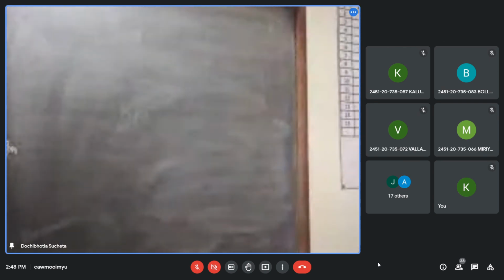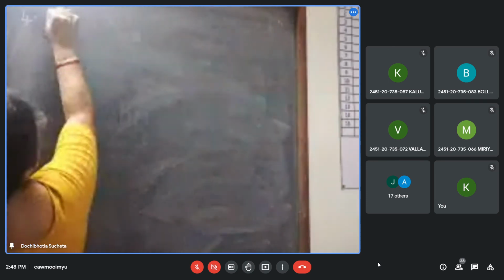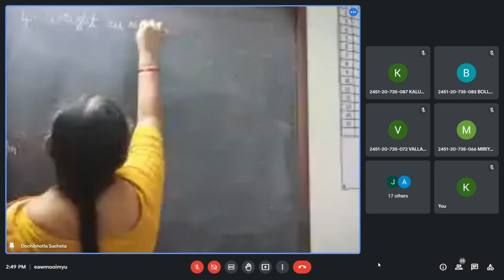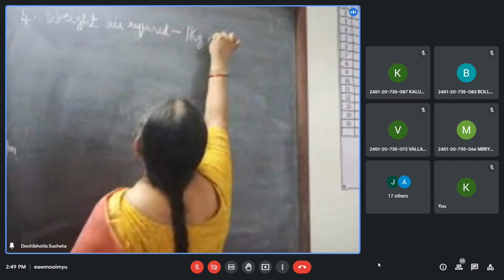Calculate the minimum weight of air required for complete combustion of 1 kg of fuel. Easy calculation.